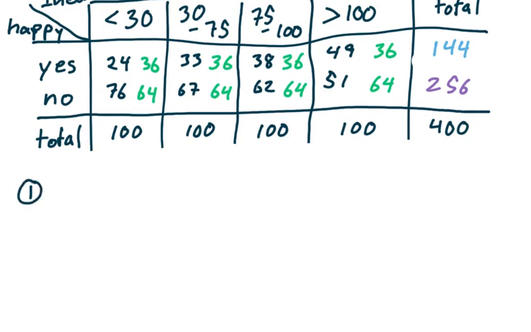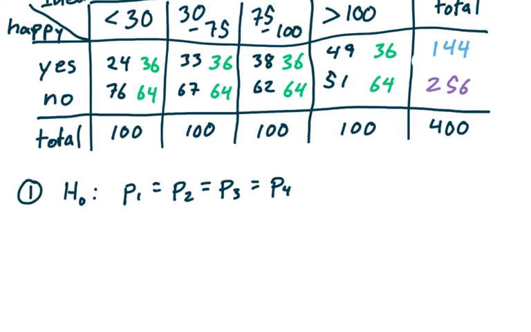And in fact, that's exactly what we're going to say for our initial hypotheses. The null hypothesis is going to say the proportion from category 1 is equal to the proportion from category 2 is equal to the proportion of people who are very happy from this third income class of 75 to 100K is equal to this fourth one.